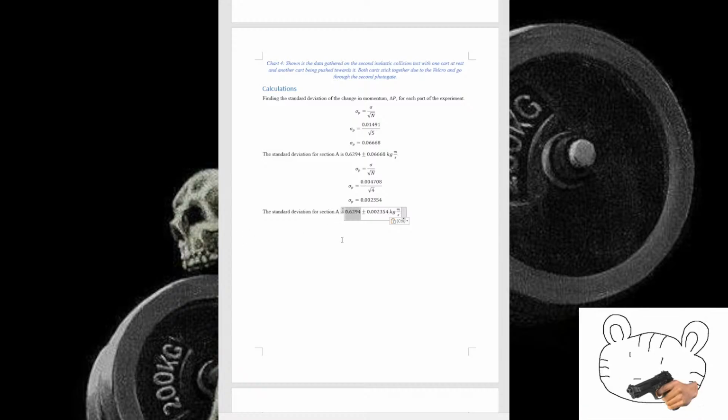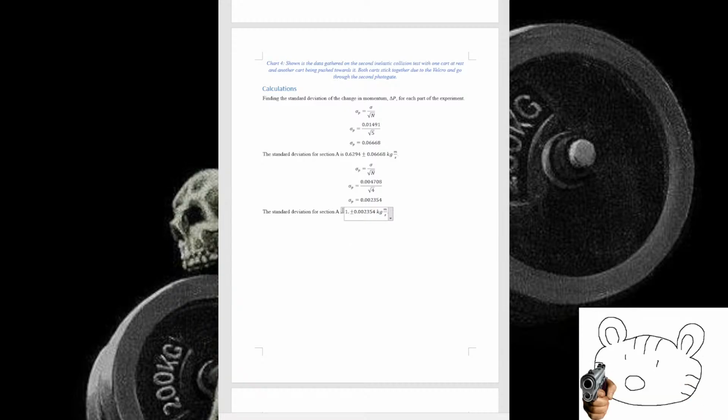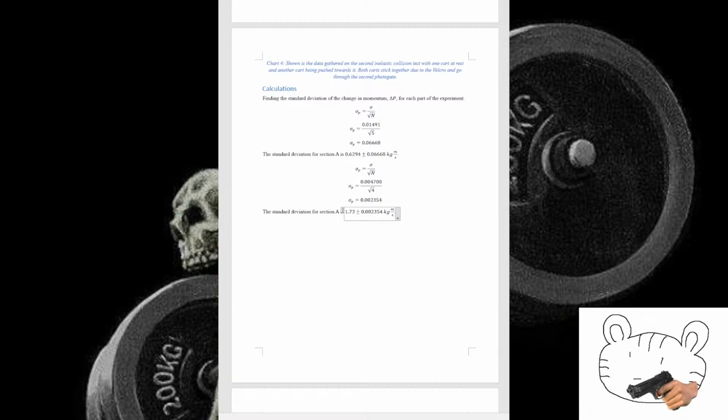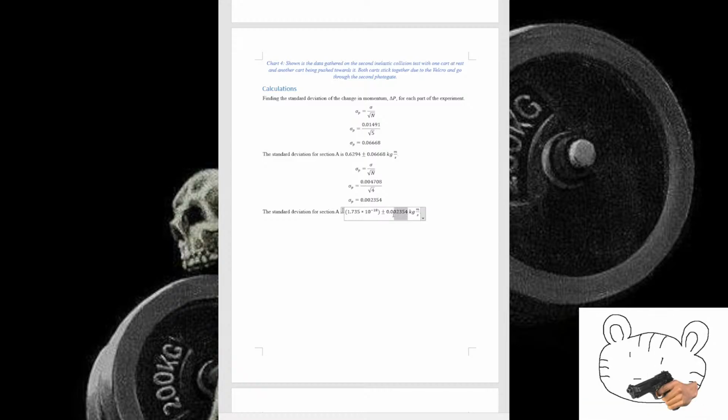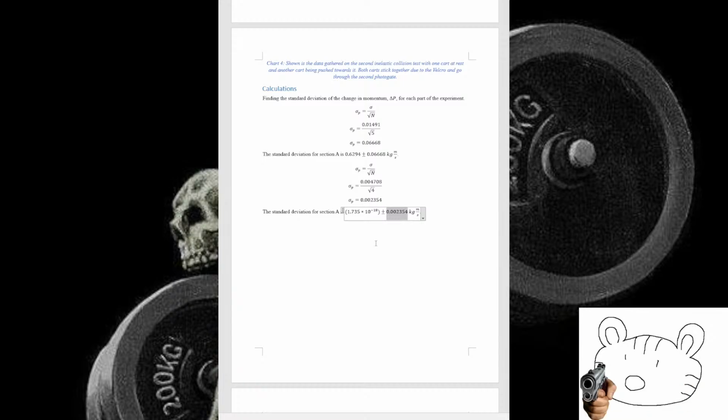Alright, so this is 1.735 times 10 to the power of negative 18, which is small, plus or minus 0.2.